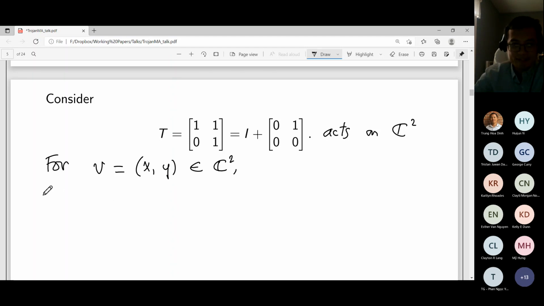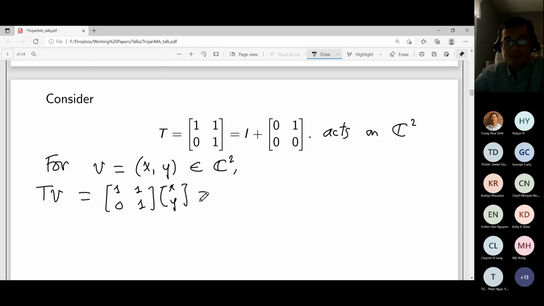Then if we compute T of v using the matrix multiplication we had earlier, we need to write x, y in the column format. We have the matrix with rows 1, 1 and 0, 1, times x, y.